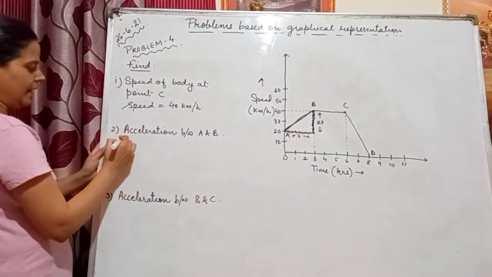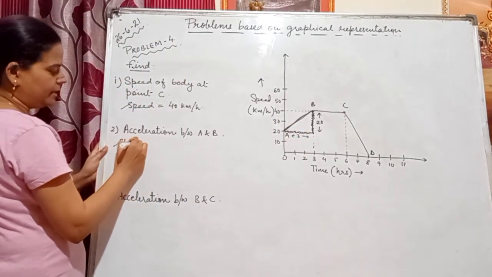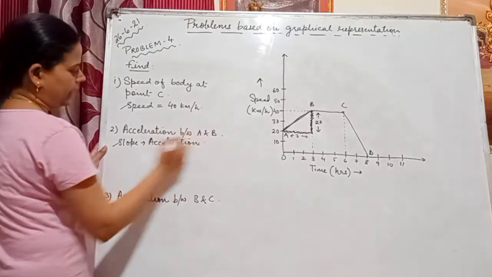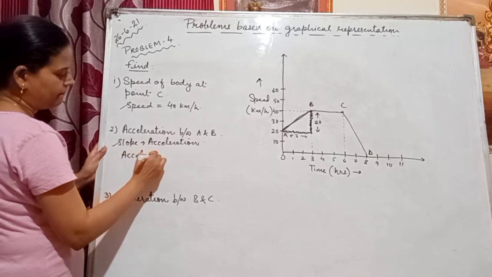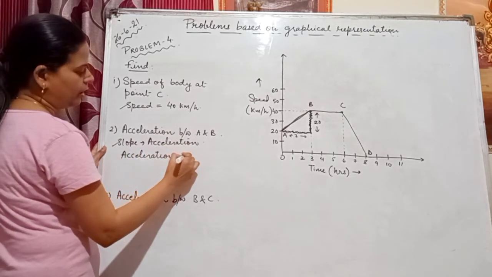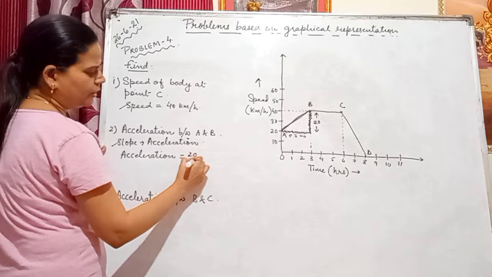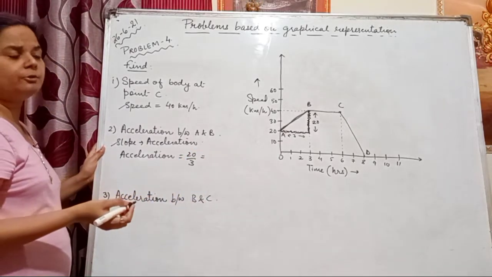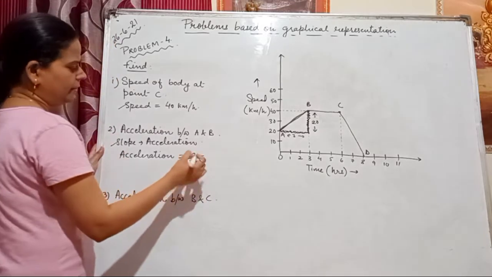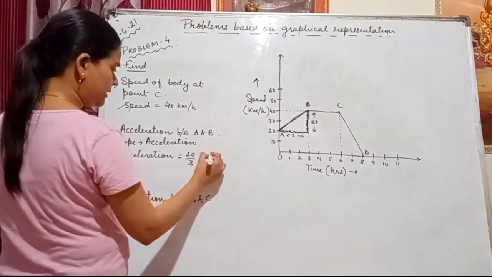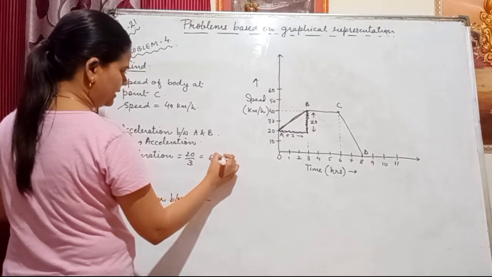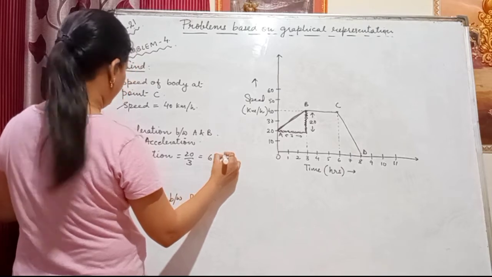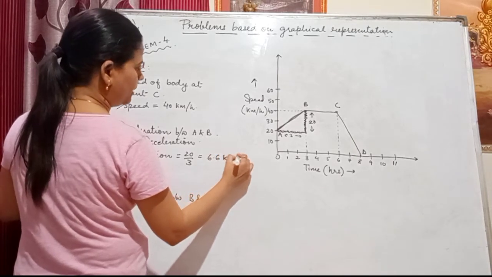Slope represents the acceleration, and acceleration is calculated as perpendicular upon base, so that is 20 upon 3. You can leave it as 20 upon 3, or if you want you can write it in decimals also. 3 sixes are 18, so it comes to 6.66, and I will write it as 6.6 kilometers per hour square.